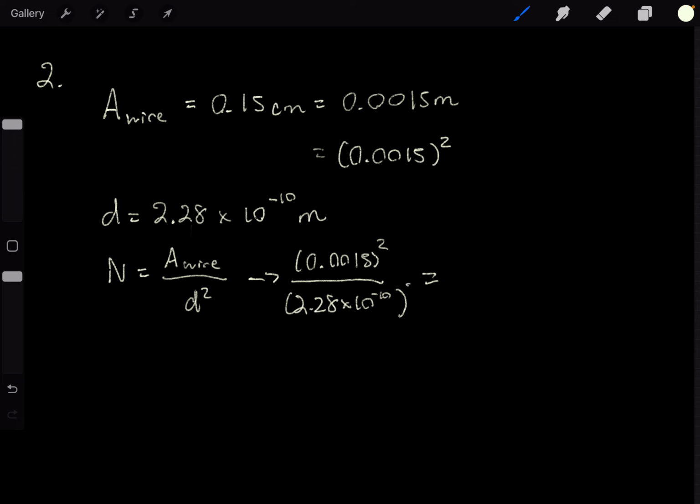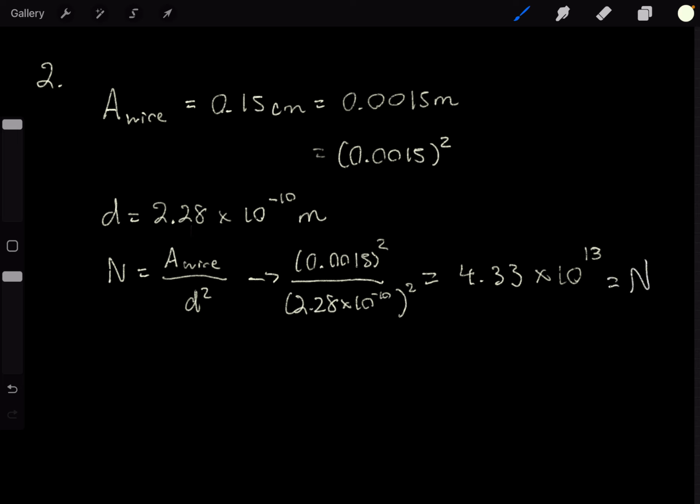I forgot to put a square on that, sorry about that. Squared. And you're going to get 4.33 times 10 to the 13th, which is N.